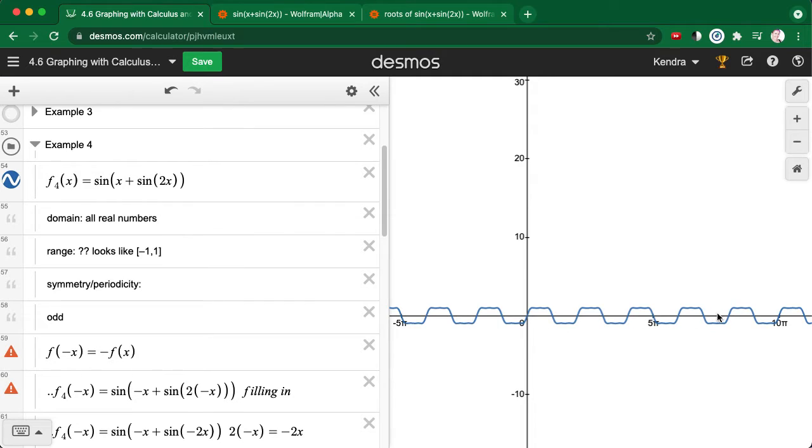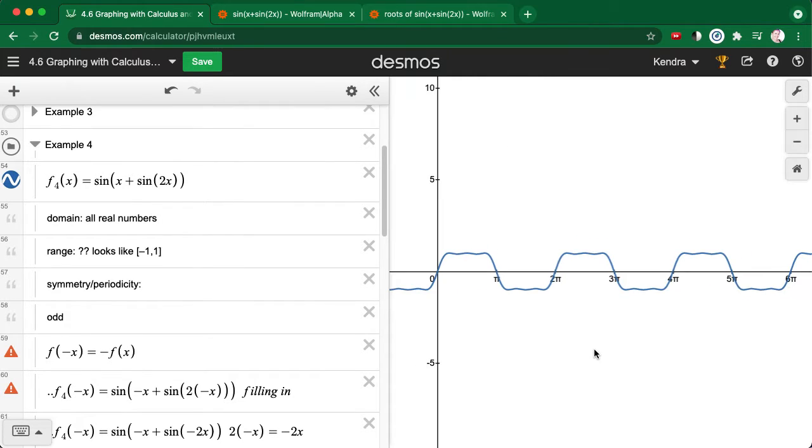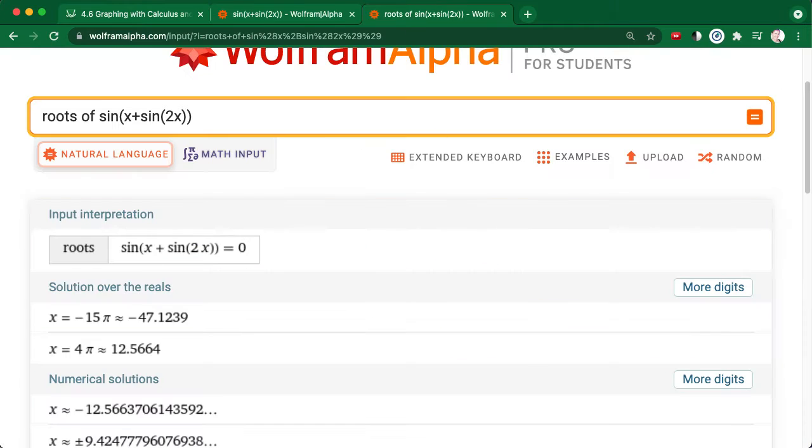There's an infinite number of times where it crosses the x-axis because it's periodic. And so this response is a little bit baffling to me. It suggests that maybe there's only 2 roots to this function, and if I was going to name only 2 roots, I would not name those 2 roots.